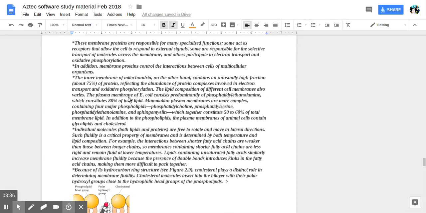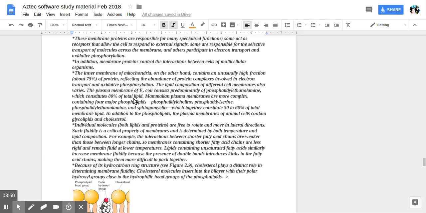They're responsible for specialized functions, acting as receptors, allowing cells to respond to external signals. They also allow for transport of molecules across membranes. Electron transport and oxidative phosphorylation also occur at the membrane.